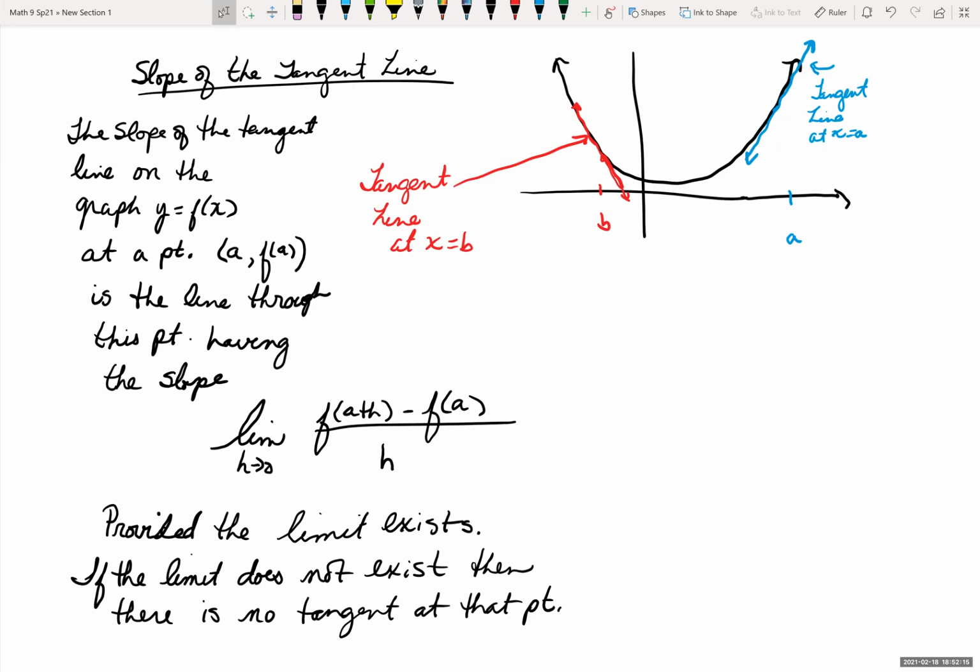Okay, so let's look at one example of finding the equation of the tangent line at a particular value.